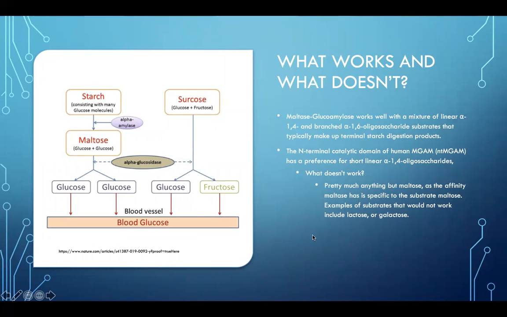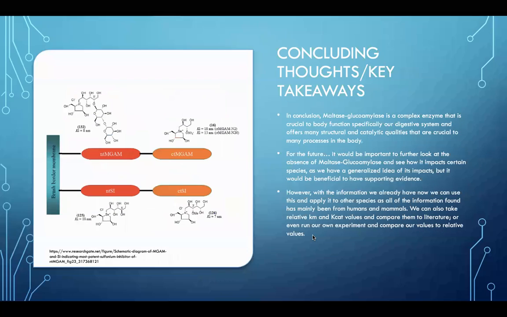And now we can look at some of our concluding thoughts and key takeaways. In conclusion, maltase glucoamylase is a complex enzyme that is crucial to body function, specifically our digestive system, and offers many structural and catalytic qualities that are crucial to many processes in the body. For the future, it would be important to further look at the absence of maltase glucoamylase and see how it impacts certain species, as we have a generalized idea of its impacts, but it would be beneficial to have supporting evidence.